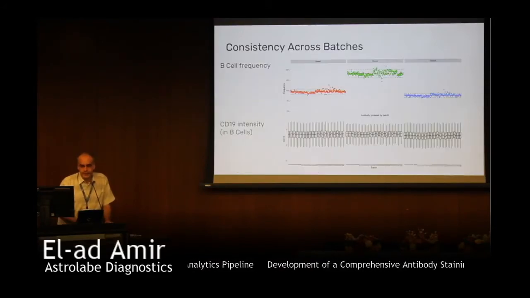The next issue we wanted to examine is consistency across the different batches and across the different samples. Again, this was acquired over a month. Things can happen along the way. I'm showing you here one example, and this is the frequency of B cells. At the top figure, each one of these dots is one of the samples, so this is about 2,000 dots. They are separated according to the different donors, and you can see that the B cell frequency across the experiment is amazingly consistent.